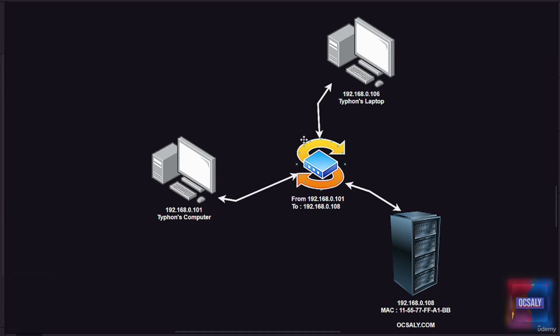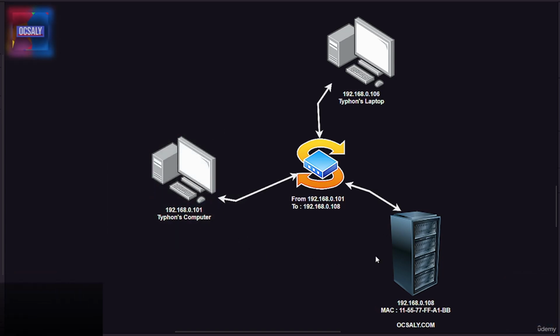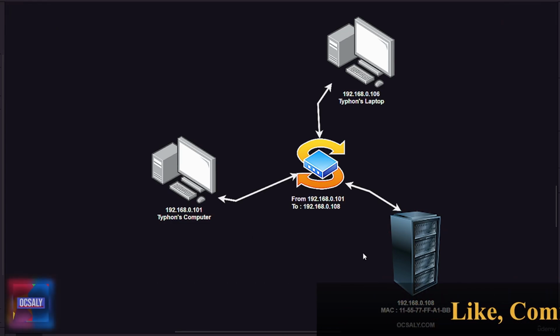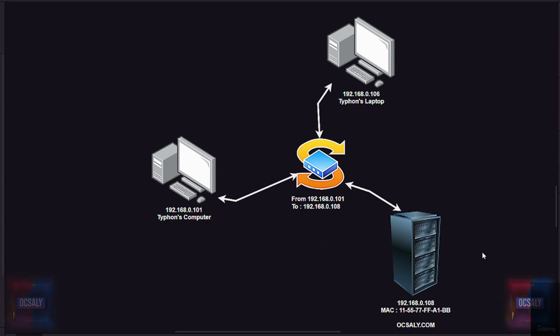here. So for example, the node with the IP address 192.168.0.101, named Typhoon's computer, wants to send data using the IP protocol to the node with the IP address 192.168.0.108, auxiliary.com.